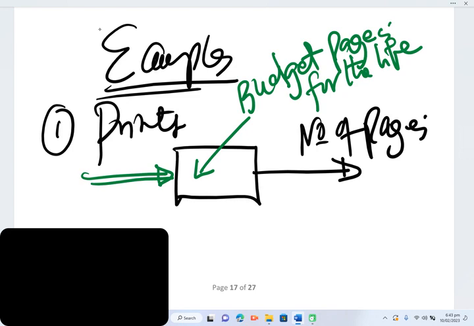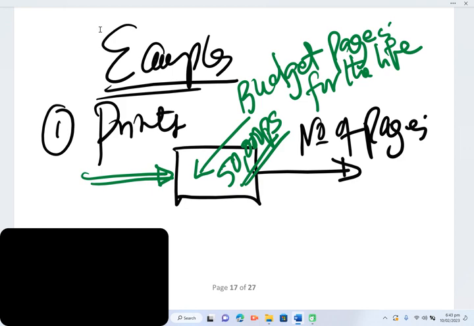Utaambia hii printer ikiprint labda page 50 inakufa. Utakuta imeandikwa kwenye printer. Watu wanasema mbona printer mpya tu imeharibika? Wewe kabla ya printer kaangalie. Mwambie budget yake ilikuwa ni page ngapi?